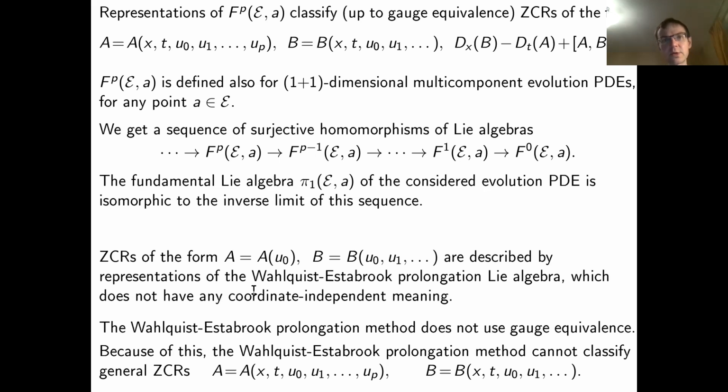Okay, so as I said, the Lie algebra FPEA is responsible for zero curvature representations of this form, where A may depend on x, t, u0, u1, and so on up to up. But one can consider a much smaller class of zero curvature representations, when A depends only on u0.